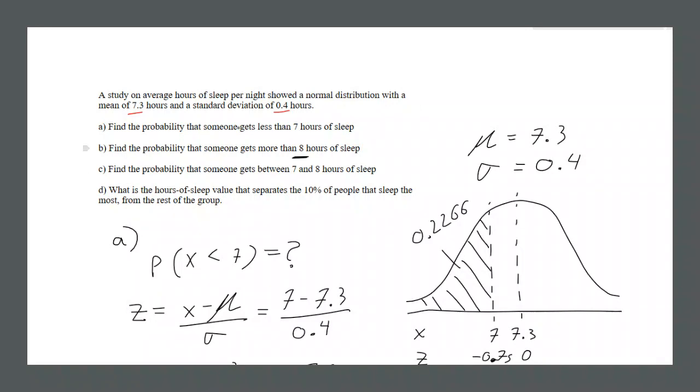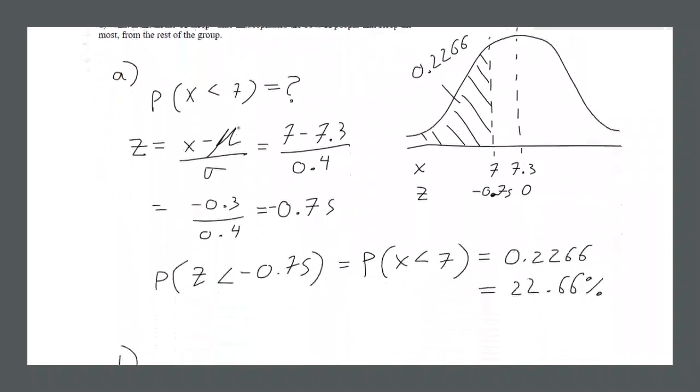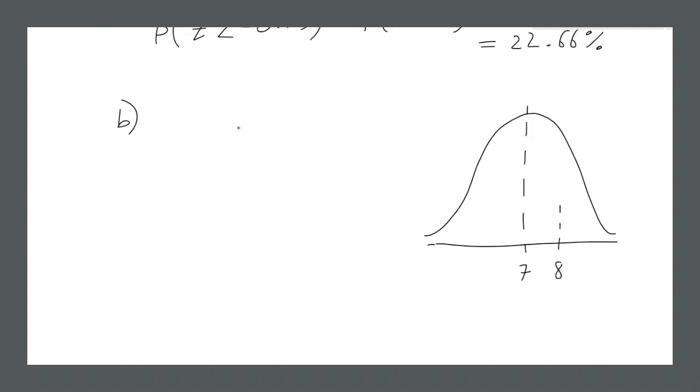So again, we'll start by drawing the picture. There's our normal distribution. Mean value of 7.3. Somewhere above that is an 8. And we want this shaded region right here. We want the probability of x being greater than 8.